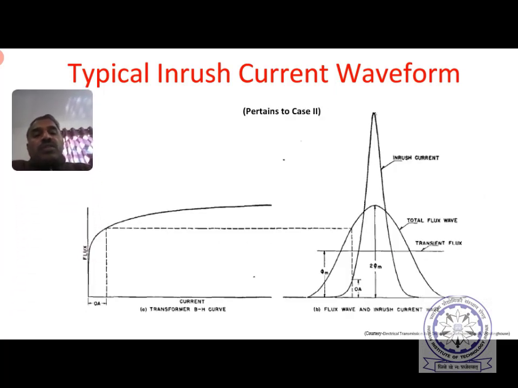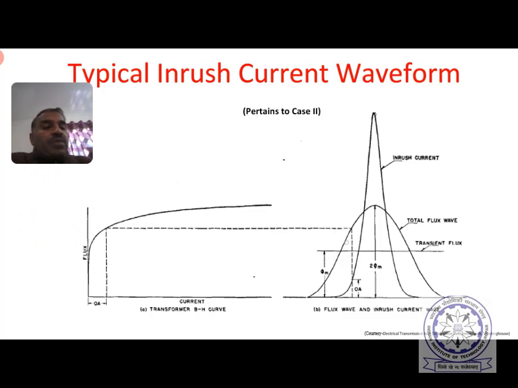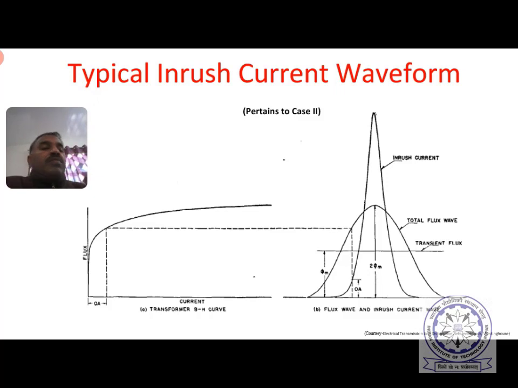So this is how it is shown. You can see how to obtain it just from flux. Actually, there is some issue here. We are taking the entire flux to be flowing through the core only, but it is not so.